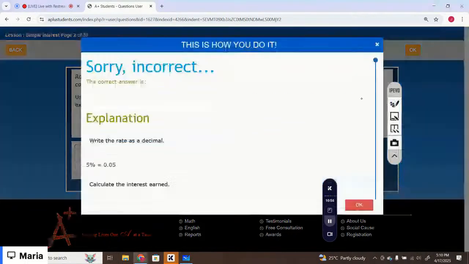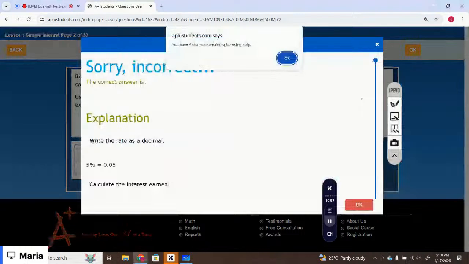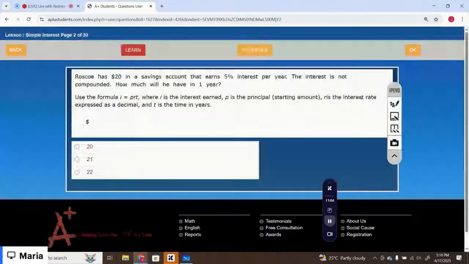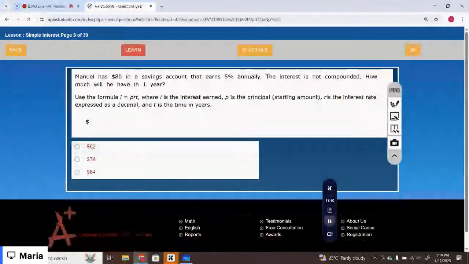That is $21. You need to calculate the total money, including the interest.